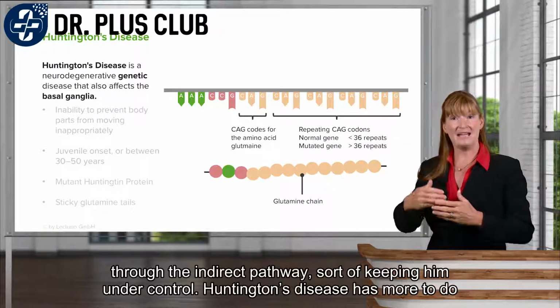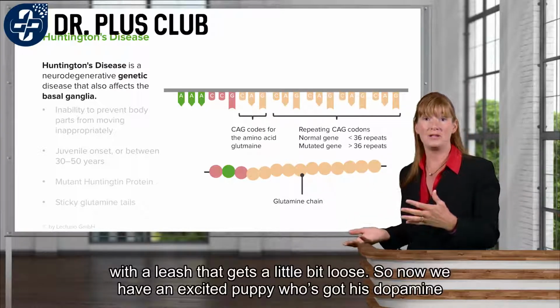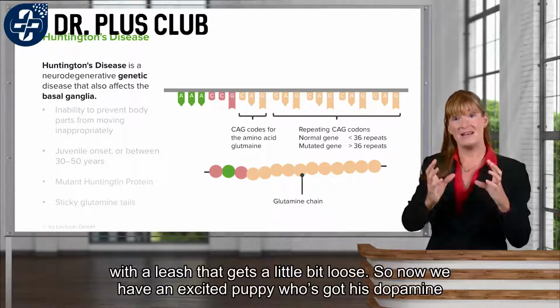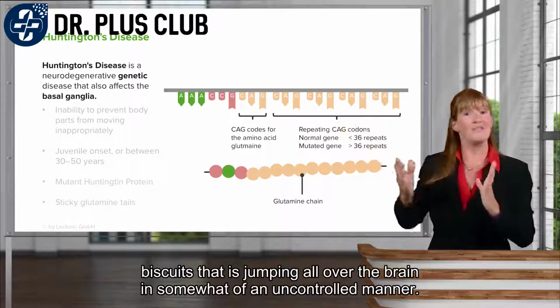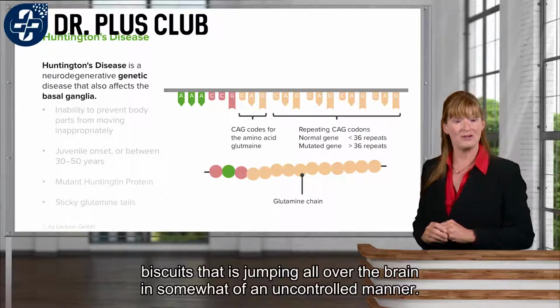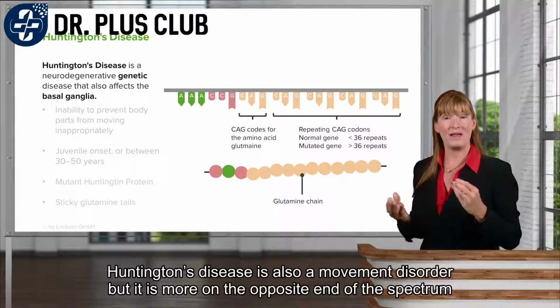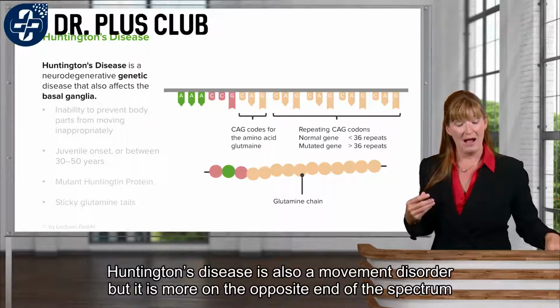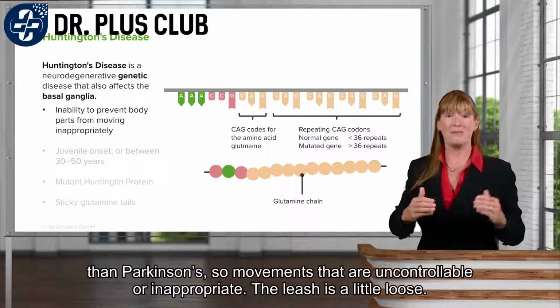Huntington's disease has more to do with a leash that gets a little bit loose. So now we have an excited puppy who's got his dopamine biscuits that is jumping all over the brain in somewhat of an uncontrolled manner. So Huntington's disease is also a movement disorder, but it is more on the opposite end of the spectrum than Parkinson's.